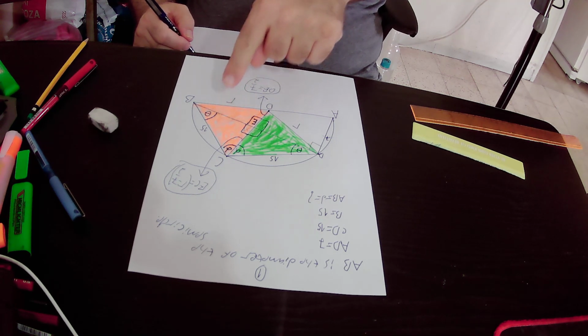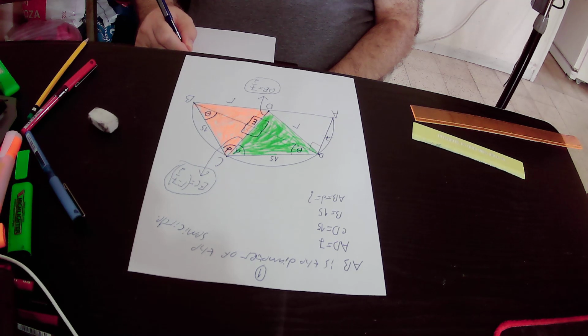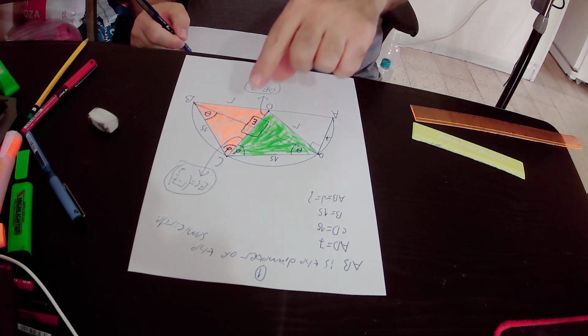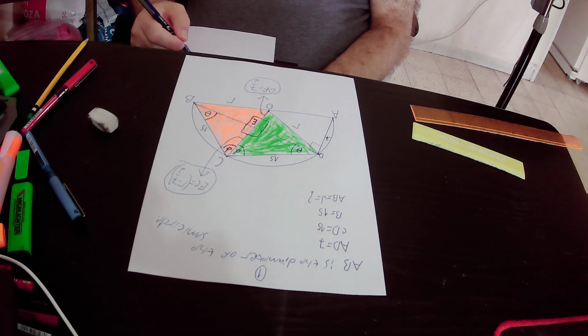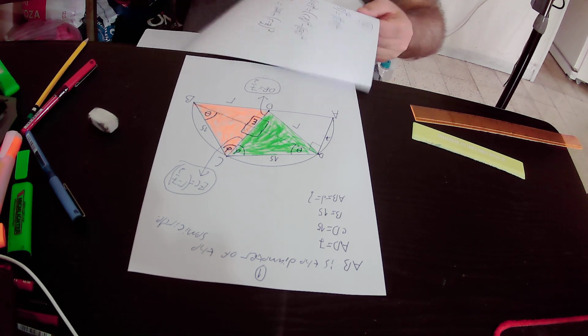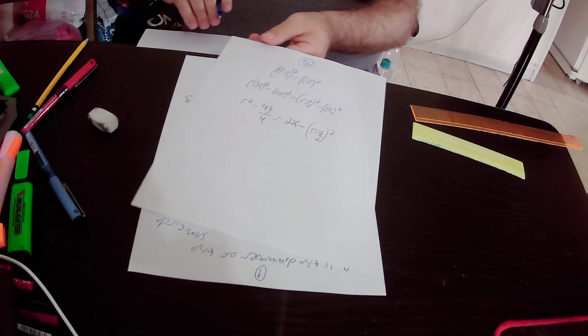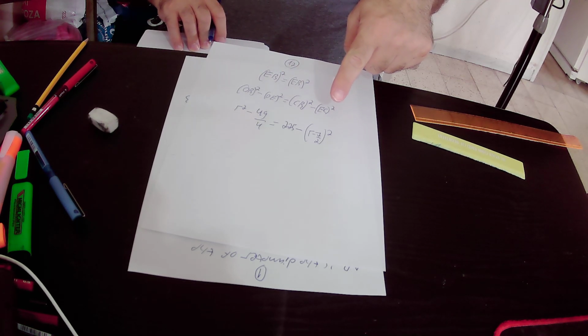CB equals 15, so CB square is 15 square, which is 225, minus EC square. EC equals R minus 7 over 2, so EC square will be equal to R minus 7 over 2 square. So in total we got that R square minus 49 over 4 equals 225 minus R minus 7 over 2 square.